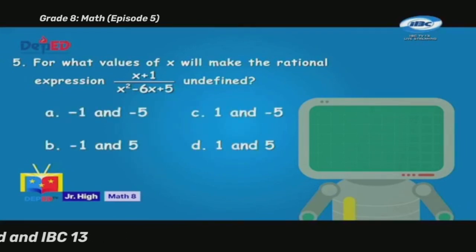The correct answer is D. The excluded values are +1 and +5.